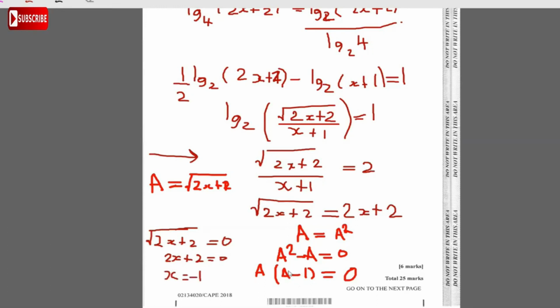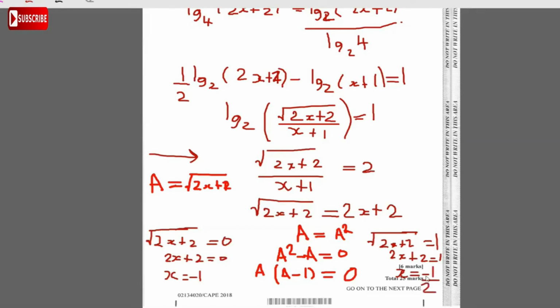Or if a minus 1 is equal to 0, then the square root of 2x plus 2 is equal to 1. When you square both sides, you get that 2x plus 2 is equal to 1, and then x is equal to minus a half.